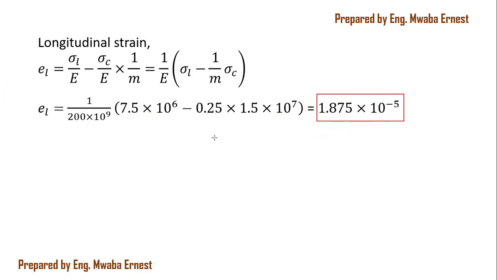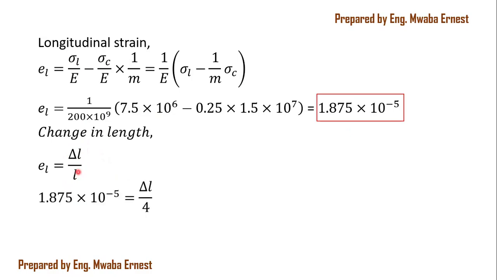But we don't end there. We also want to find the change in length. So we invoke the original formula that defines it: longitudinal strain is equal to change in length over the original length. Longitudinal strain is 1.875 times 10 power negative 5.